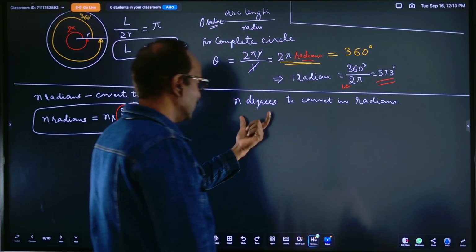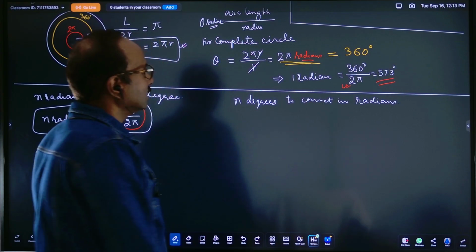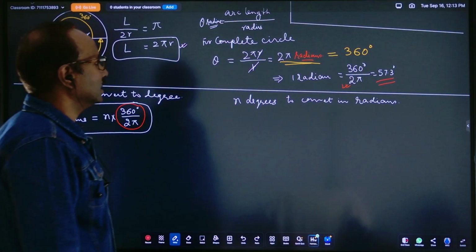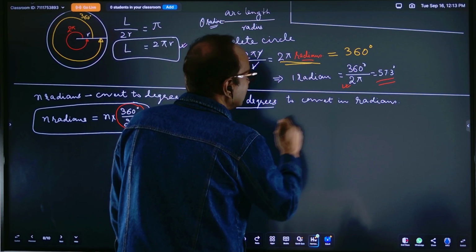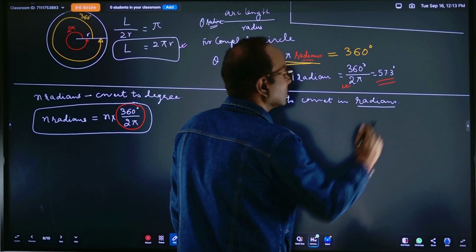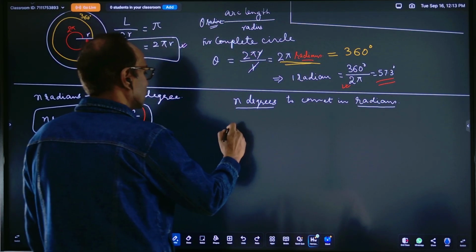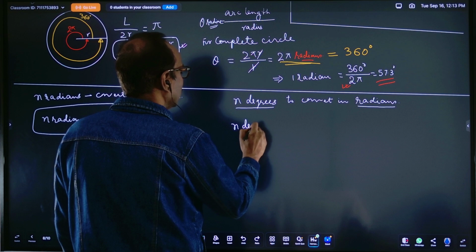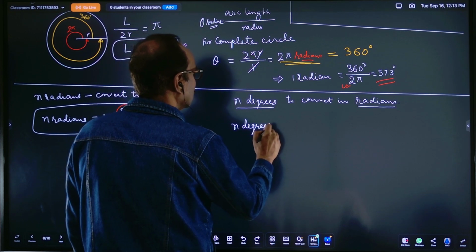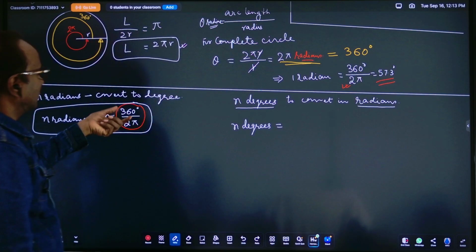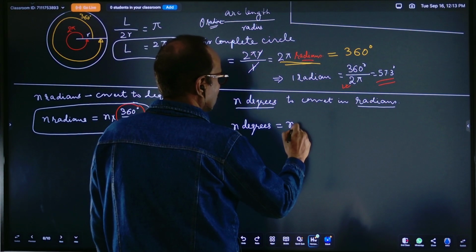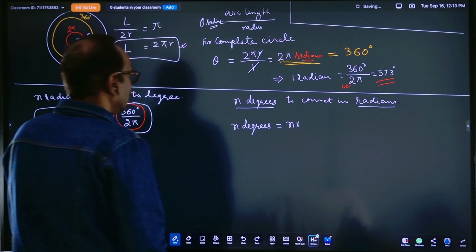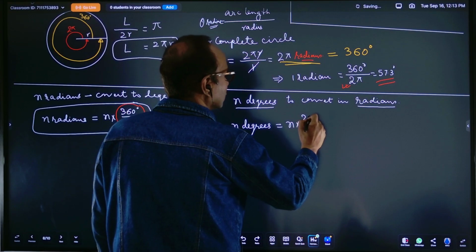Degrees and radians both are angles, as we said in the beginning. So n degrees will be equal to, just flip this, 2 pi by 360.